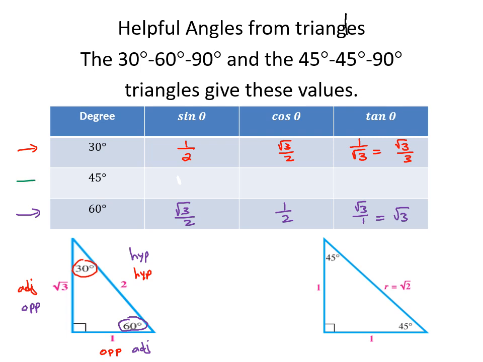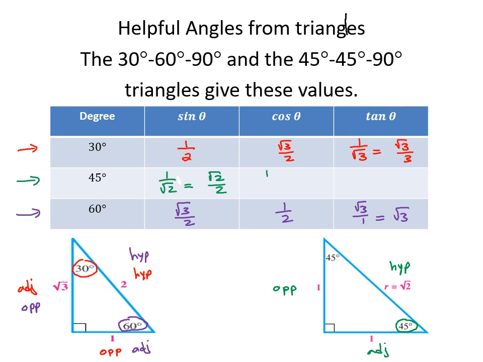And for the 45-degree angle, it doesn't matter which one you use. I'm going to use the lower right, but you could use the other one if you wanted to. It doesn't matter here because the opposite and the adjacent are going to be the same number, and the hypotenuse is root 2. So the 45, opposite over the hypotenuse for sine, will give you root 2 over 2 if you rationalize it.